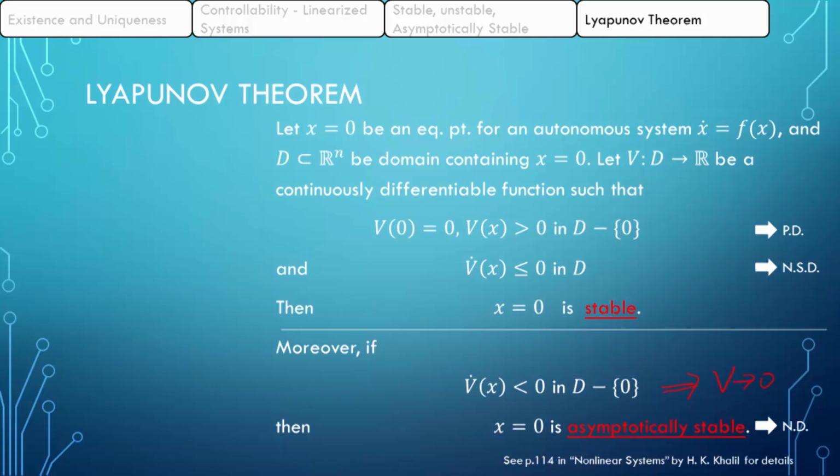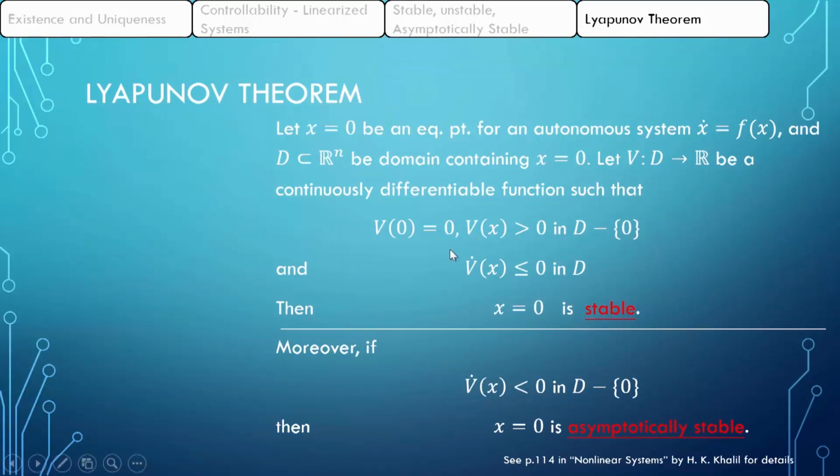V dot is negative in D, and remember D contains x = 0. But in the second condition, D subtract 0, D excludes 0, V dot should be less than or equal to 0 in D. And this condition is called PNSD.